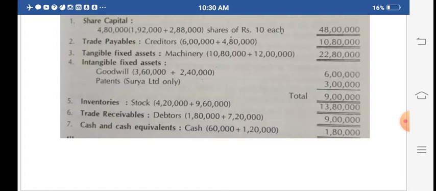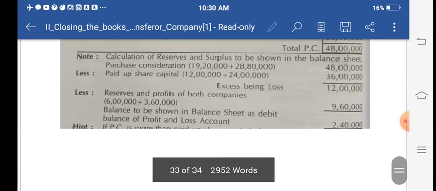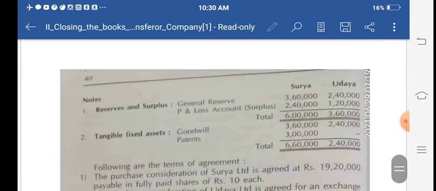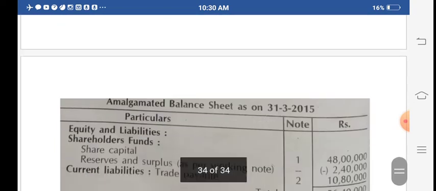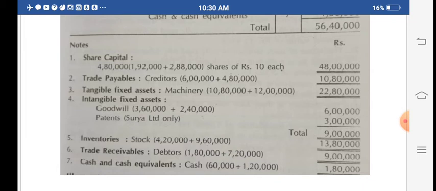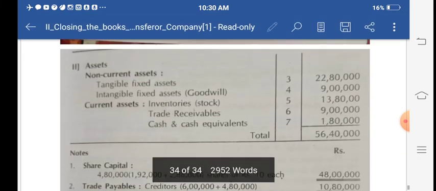Only Surya Limited has patents in this note. Just see here, intangible fixed assets: goodwill is 3,60,000 plus 2,40,000, and patent is 3 lakh. There is none for Udaya. So take it only for Surya, patent 3 lakh. The total is 9 lakh.